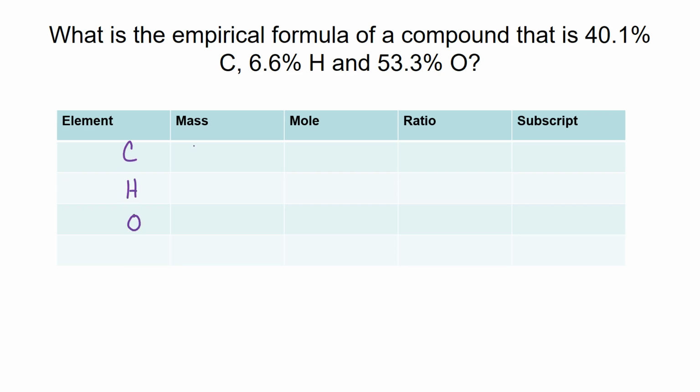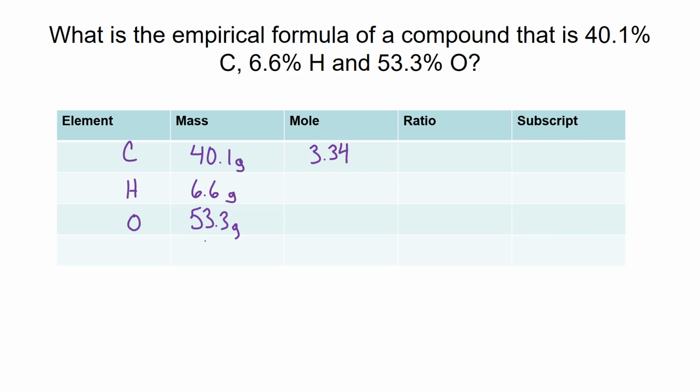We have 40.1 grams of carbon, 6.6 grams of hydrogen, and 53.3 grams of oxygen. For the moles, when I divide this by 12.01, I end up with 3.34.